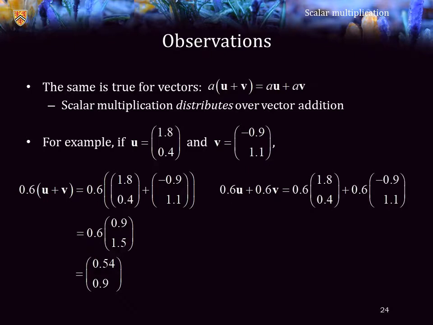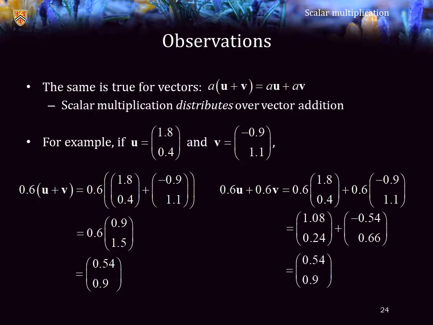Alternatively, multiplying each of those vectors by 0.6 and then adding them gives us the result on the right-hand side. Summing those 2 vectors together gives us exactly the same result as we calculated in the first case. So therefore, this at least shows that, yes, it's reasonable to assume that scalar multiplication does distribute over vector addition, just like multiplication distributes over the addition of reals.